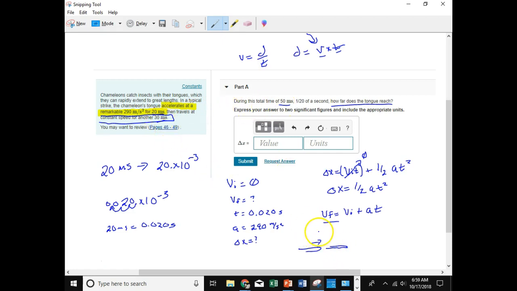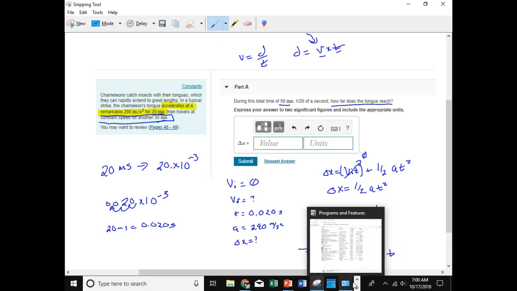So you're going to use this final velocity for the velocity during this part, and during the part that the tongue's coming out, it's just velocity is equal to distance over time. And again, I covered it up here, so distance is equal to velocity times time. Okay, that should help you out with that one.